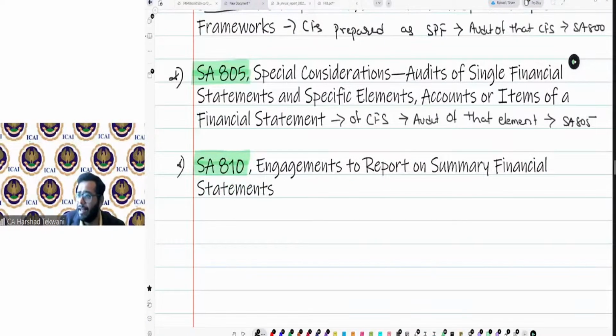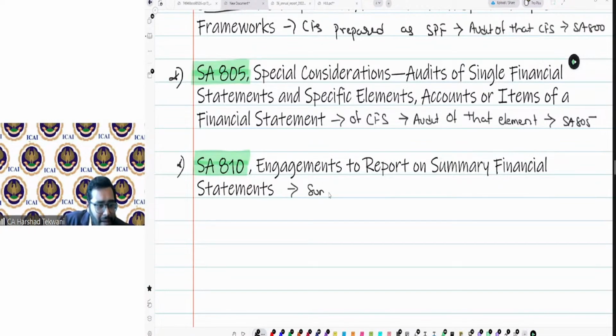And when it comes to the reporting, next part is reporting on summary financial statement. Now these are the financial statements prepared from the audited financial statements, which were audited in accordance with SA. Now the question comes is whether I can prepare summary financial statement of a consolidated financial statement? Answer is yes.